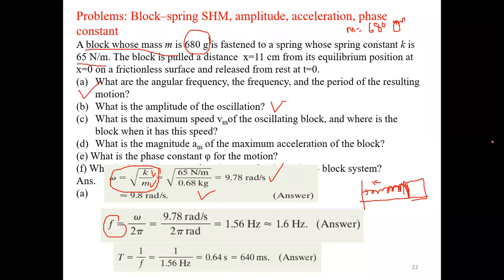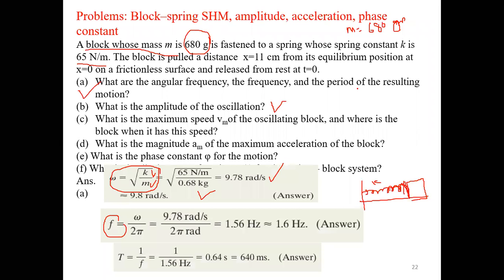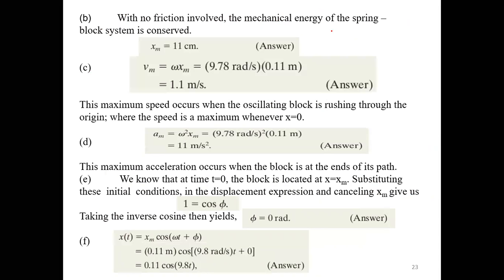Then your task is to calculate the speed of the oscillating block. We have derived the maximum speed, which is omega times xm. You know the value of omega, and you also know xm. So vm will be omega xm, where xm is 11 centimeter, meaning 0.11 meter.